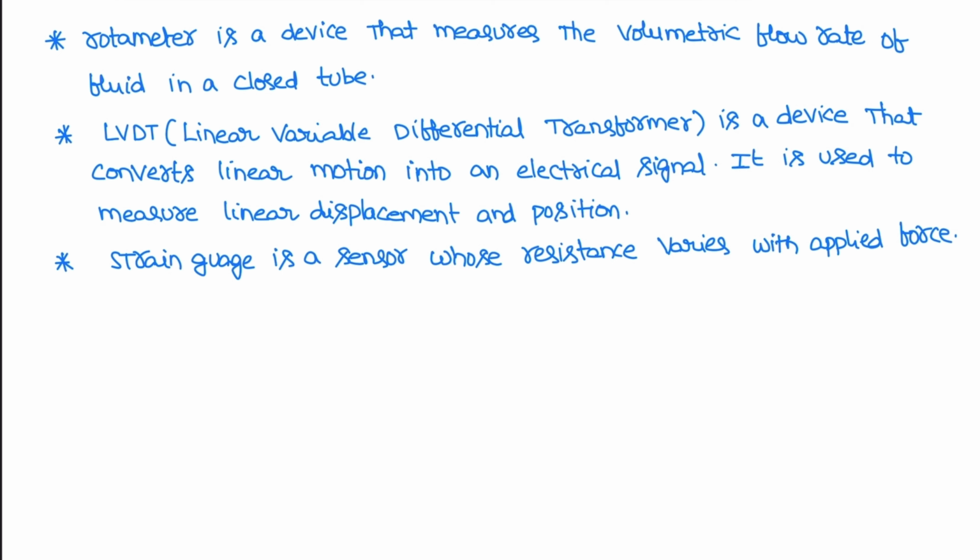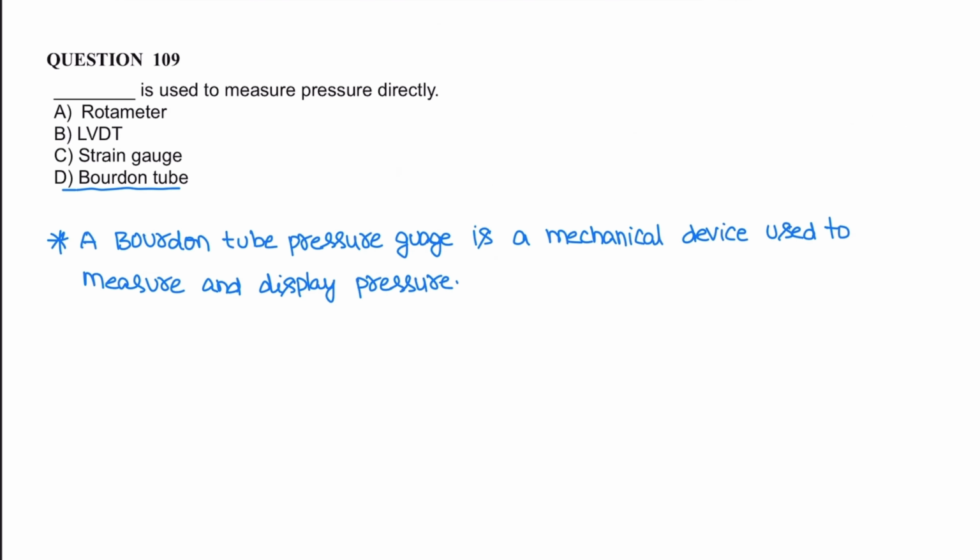LVDT, linear variable differential transformer, converts linear displacement into an electrical signal and is used for the measurement of linear displacement or position. Strain gauge is a sensor whose resistance varies with applied force. The rotameter, LVDT and strain gauge are not used for the measurement of pressure. So the correct option is Bourdon tube.